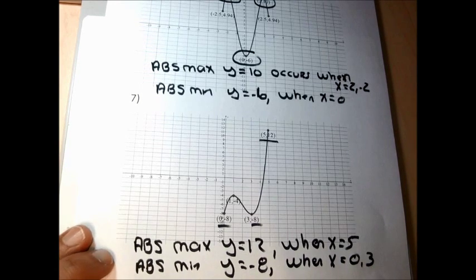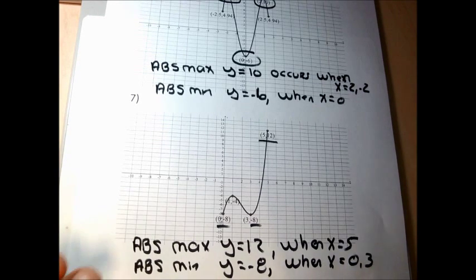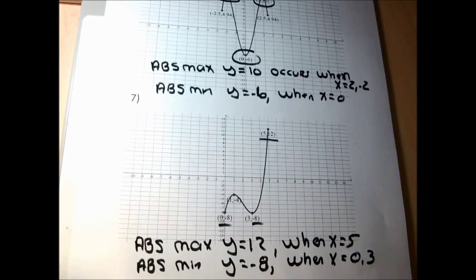So again, the absolute minimum is the smallest y coordinate of any points on the region of the graph that you're given. The absolute maximum is the y coordinate of the highest point, the biggest y coordinate of the points that you're given. And then you always include what values of x made that happen.